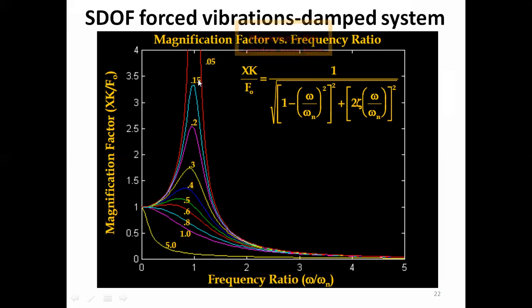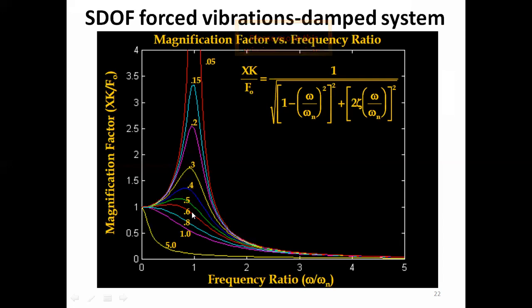If we are increasing the damping ratio or damping in the system, then the amplitude of vibration at the resonance has decreased. You can easily see that when we have increased the damping in the system, the amplitude of vibration at the resonance has decreased.